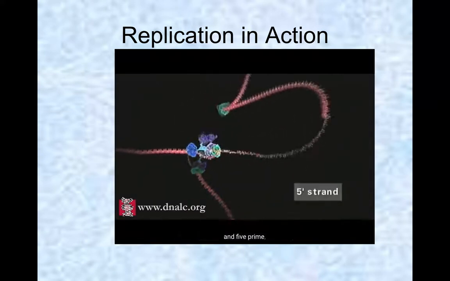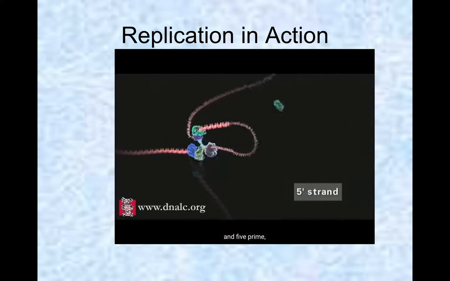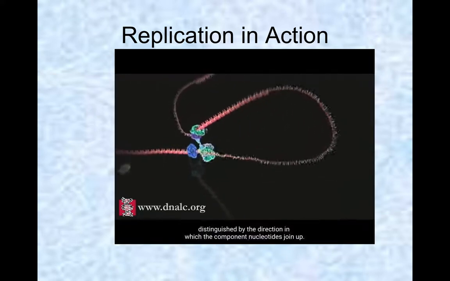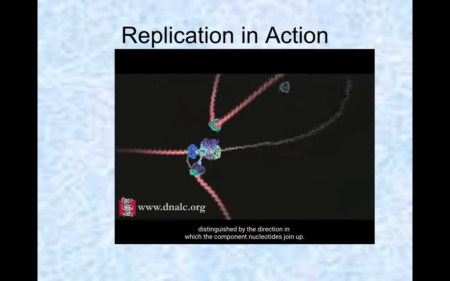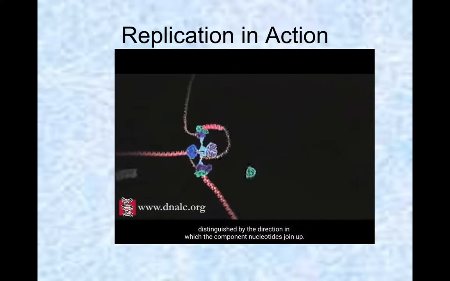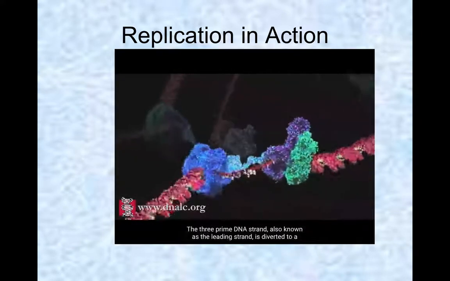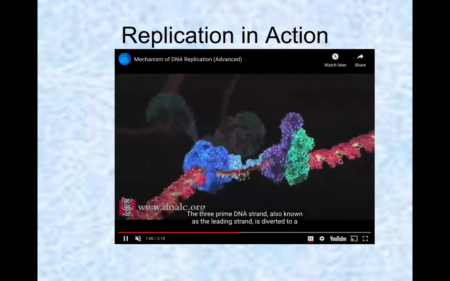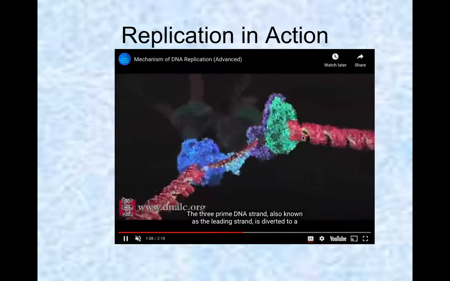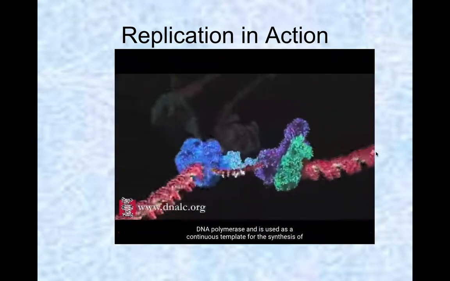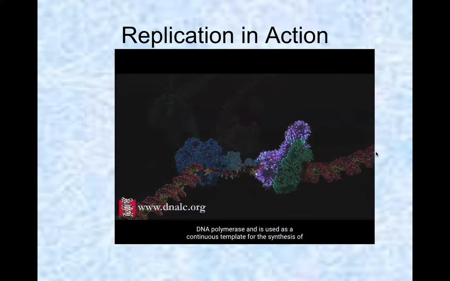Then coming off at the bottom of the movie, that's your leading strand. Notice that polymerase is easily attaching new nucleotides, and what we're producing coming out of here is a smooth, continuous piece of DNA.